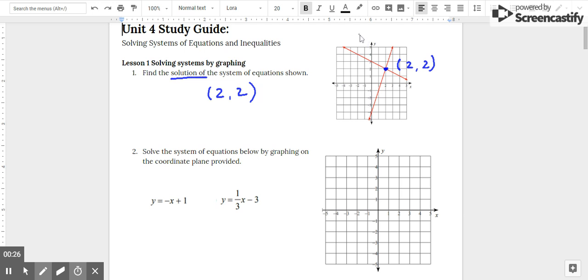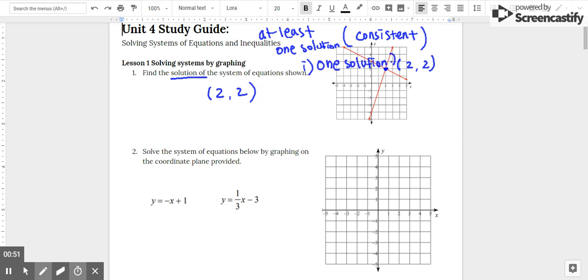So this is consistent. When there's at least one solution, it's called consistent. And when we have only one solution, it is called independent.